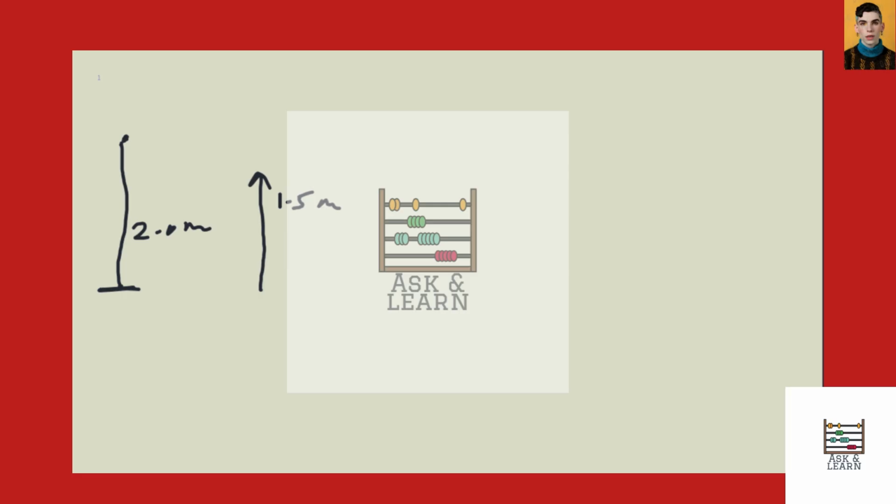So the energy lost, E lost, is equal to E initial minus E final, and the fraction which is lost is equal to E initial minus E final divided by E initial.